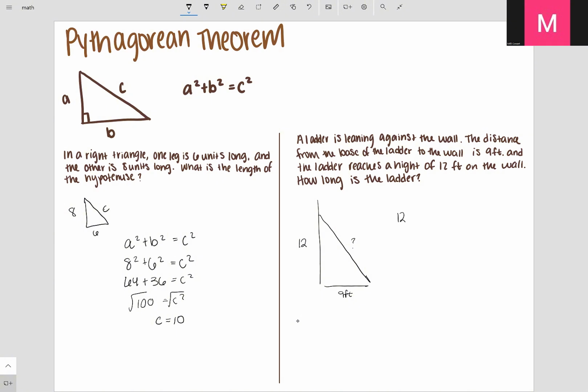So again, we'll have 12 squared plus 9 squared equals C squared. That'll be 144 plus 81 equals 225. C equals 15.